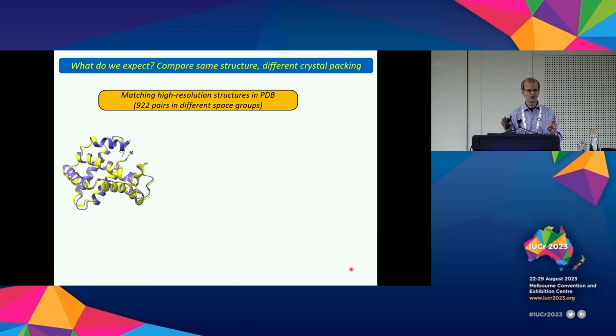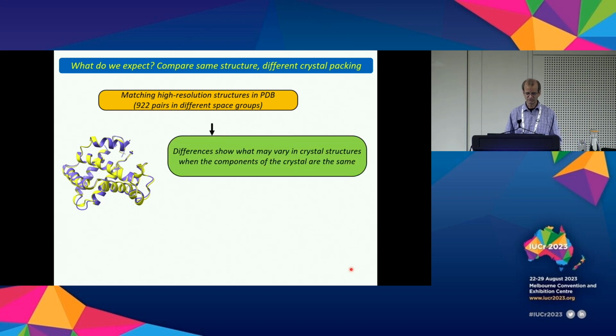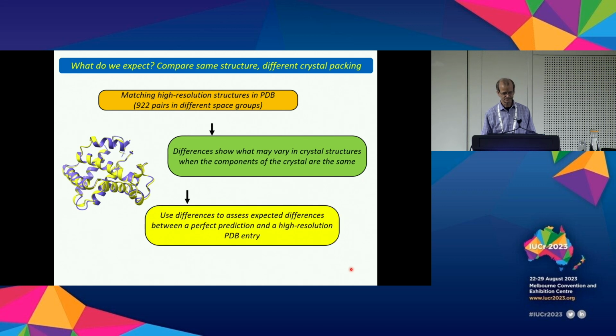So they're identical large-scale components. If there are more than two space groups, like lysozyme or something, we only took one. So there are 922 of those, all better than 2 angstroms. This is the ground truth of what you expect. This is what may vary in a crystal structure.